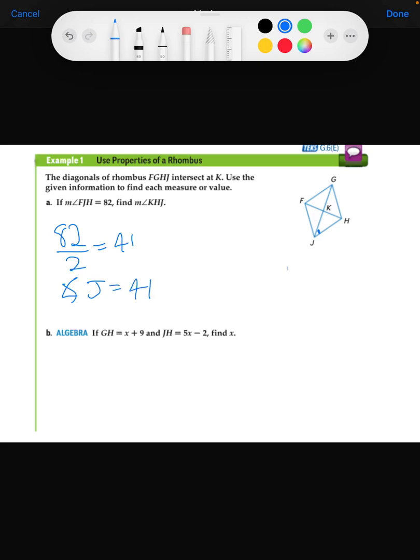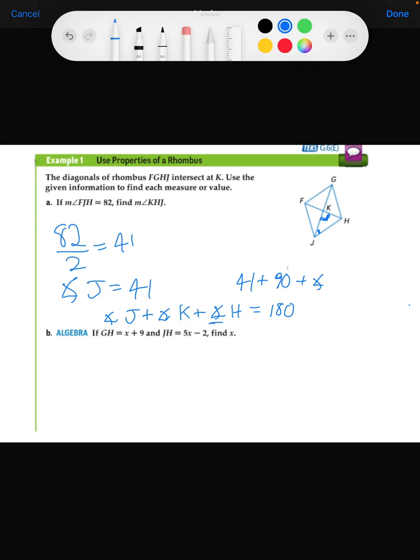And our three angles added together are going to equal 180. We know that this one is 90 because it's a rhombus. And we just proved that in a rhombus, the diagonals are perpendicular or intersect at a 90-degree angle. So we can say angle J plus angle K plus angle H equals 180. And then if we just substitute, angle J we said is 41. So 41 plus 90 is angle K, and then plus angle KHJ.